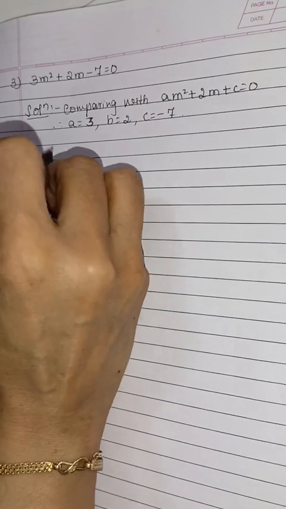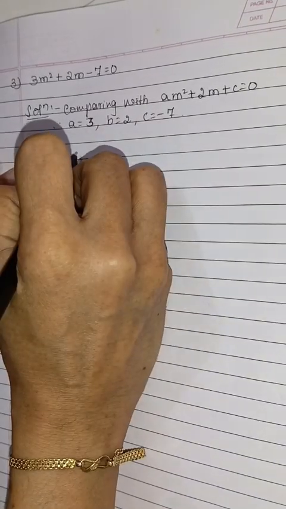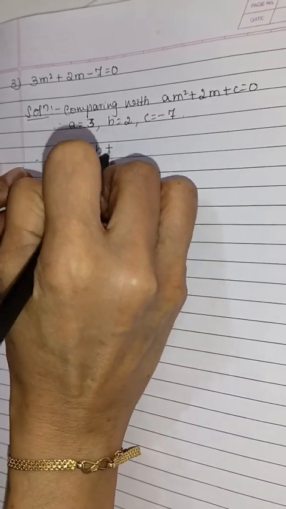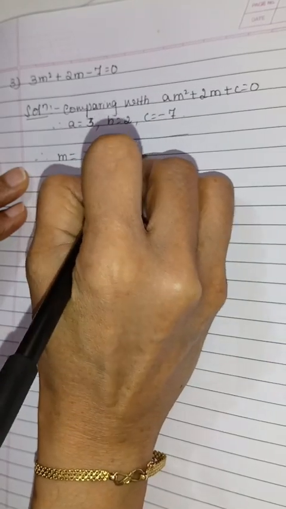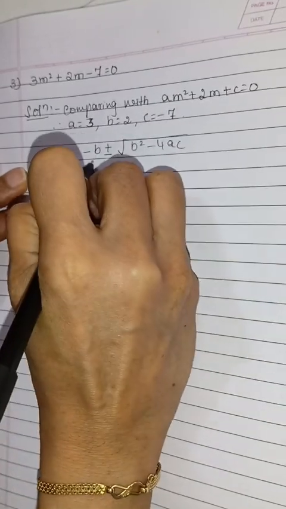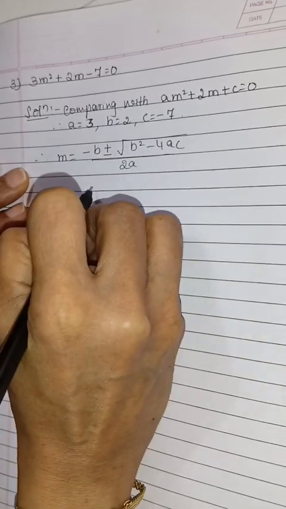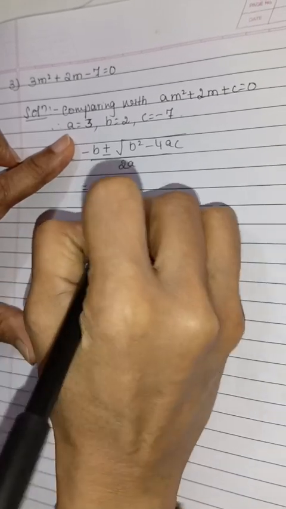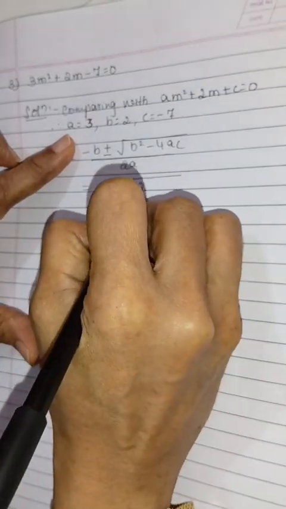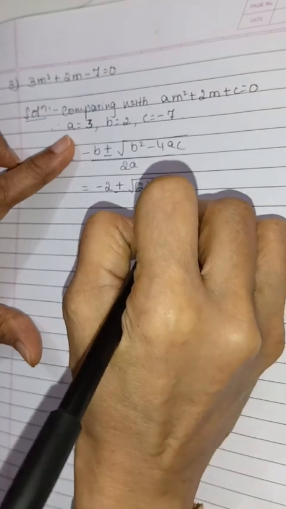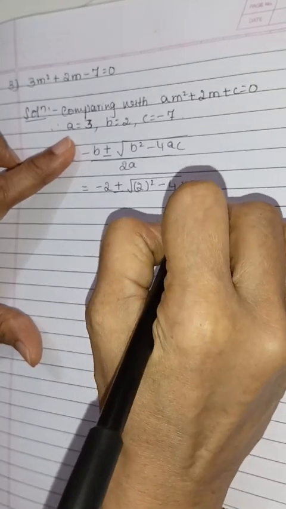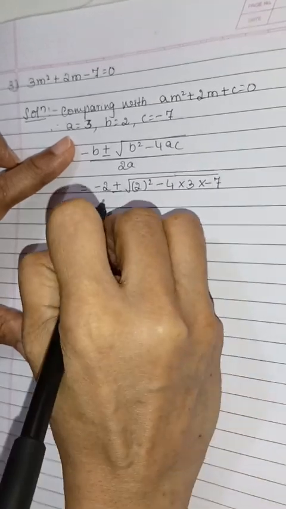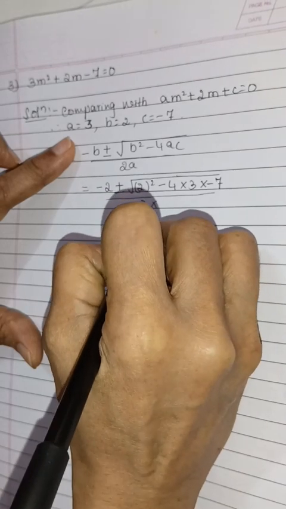Therefore m is minus b plus or minus square root of b square minus 4ac divided by 2a. That is, minus b is minus 2 plus or minus b square is 2 square minus 4 multiplied by a is 3 multiplied by c is minus 7, divided by 2 multiplied by a is 3.